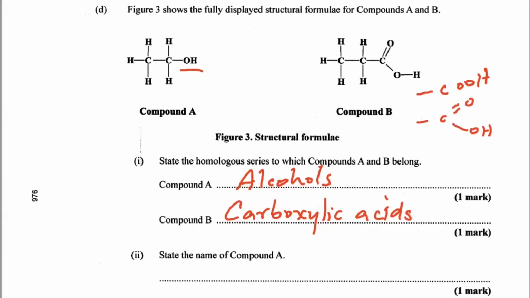And they want us to go a little further and to give the name of compound A. So we have 2 carbons present here. So the prefix we're going to use is eth for 2, and we'll add the suffix anol. So this is ethanol. And just like that, 3 marks.